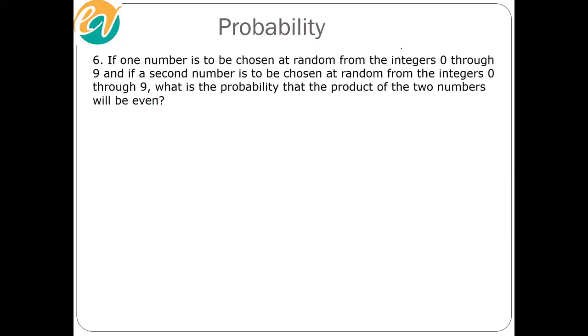Okay, given that there are 0 to 9, right? We are talking about integers from 0 to 9. So integer 1, integer 2. Integer 1 is from 0 to 9.